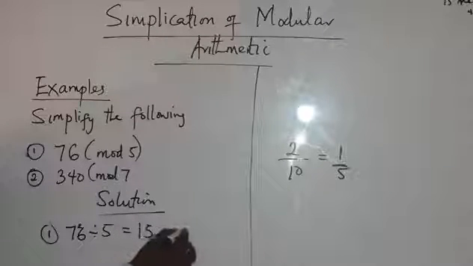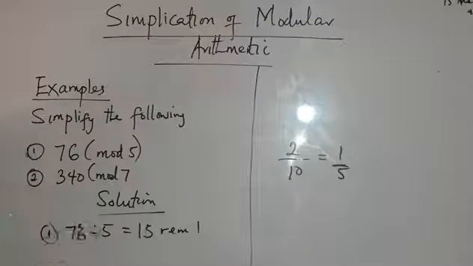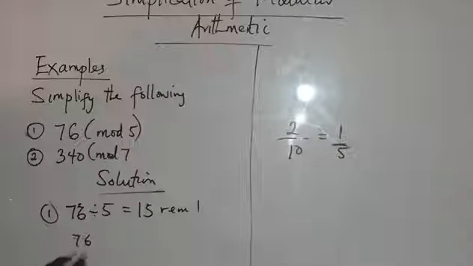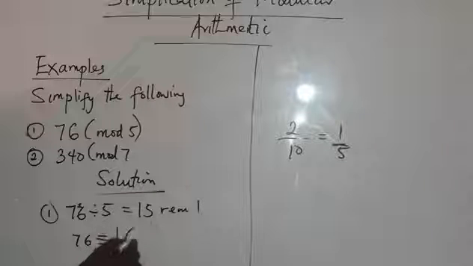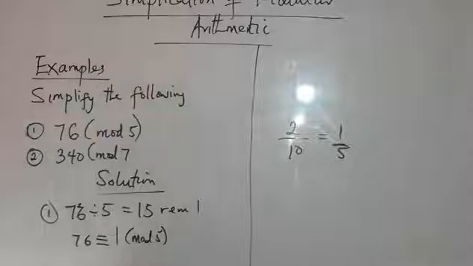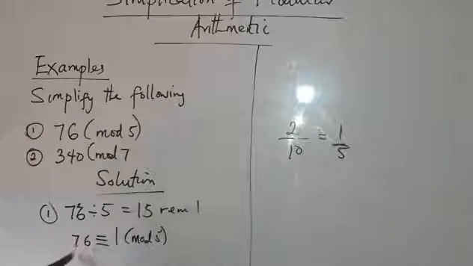Which means we are saying that 76 is equivalent to 1 in mode 5. So that is what we call simplifying modulus. We are able to simplify 76 mode 5 to be equivalent to 1 mode 5. I hope this is very clear.